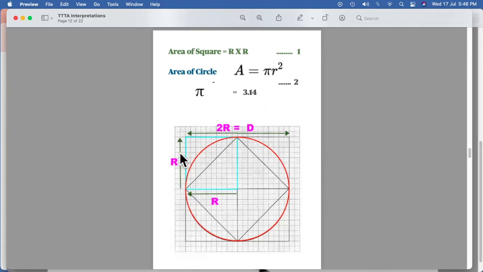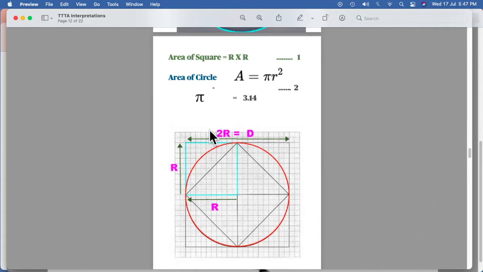Now to have a relation between this square and the area of the circle, the area of the square is r square, and if we substitute it from the first equation into the second equation, the area of the circle is equal to pi, that is 3.14, into the area of the smaller square.